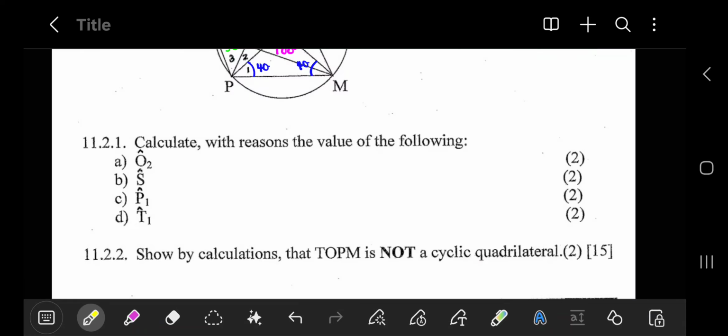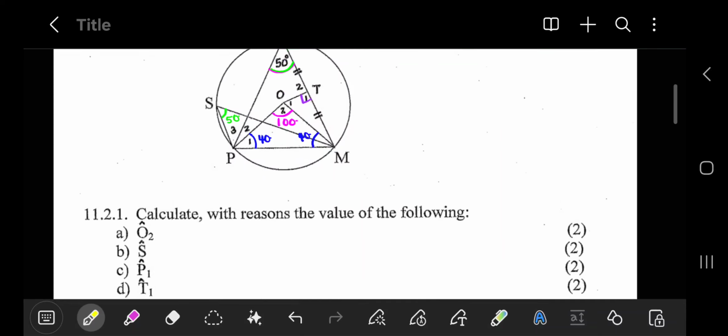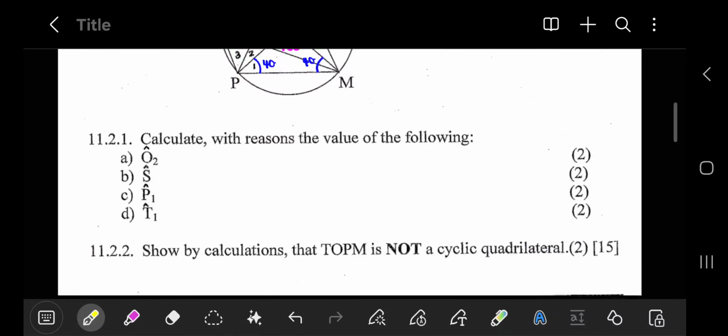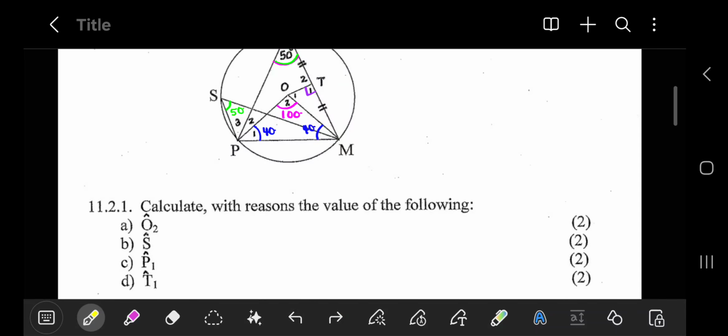Now 11.2.2 says, show by calculations that TOPM is not a cyclic quadrilateral. Let's first find that shape. We have TOPM. So here is the quadrilateral TOPM. And what we are required to show is that it is not a cyclic quad.